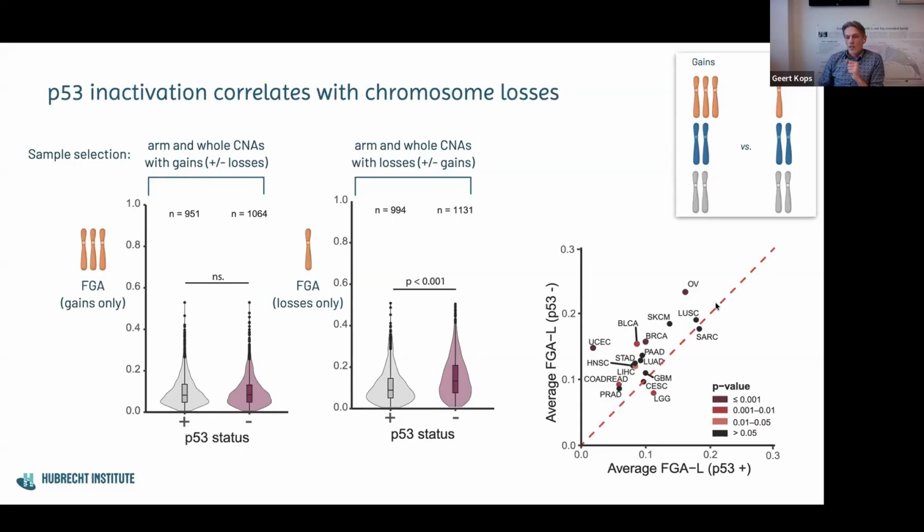This line would basically mean that the average of the fraction of the genome that can be lost versus gained is the same in a particular cancer. You see that almost all cancers are shifted to the upper left side of this graph, meaning that p53 mutations are causing losses to survive much more than in the p53 positive samples.